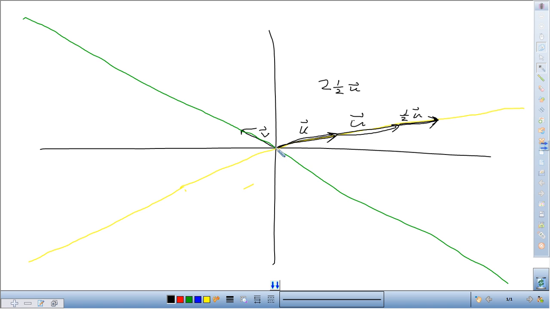So if I want to get this big vector, I take 1, 2, 3, 4v, right?